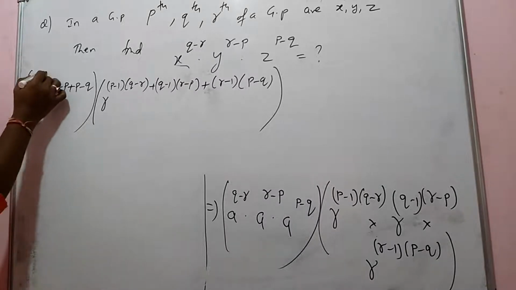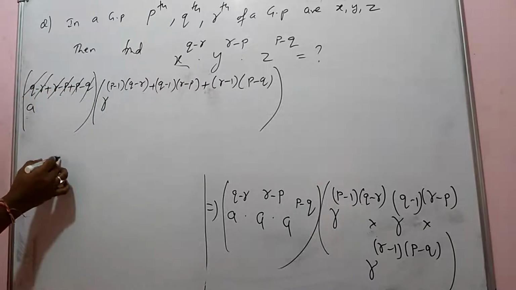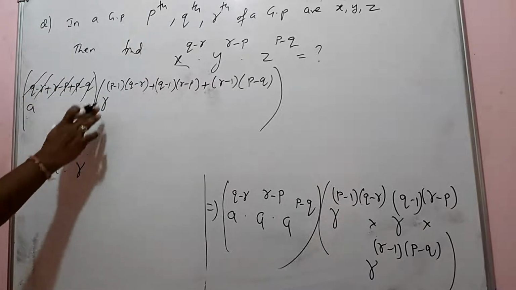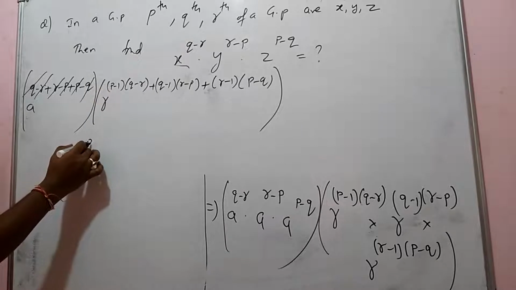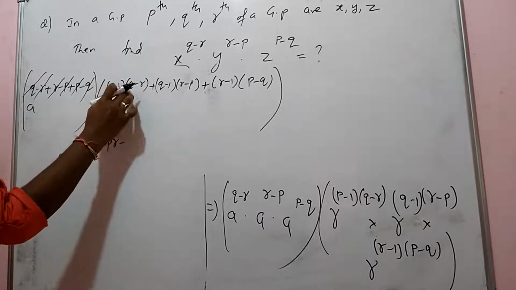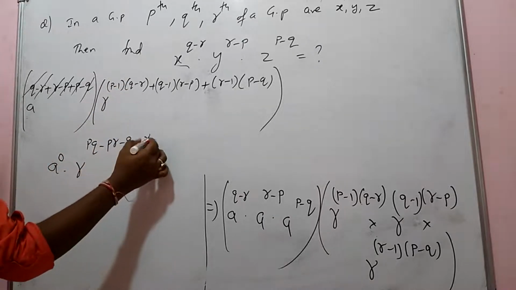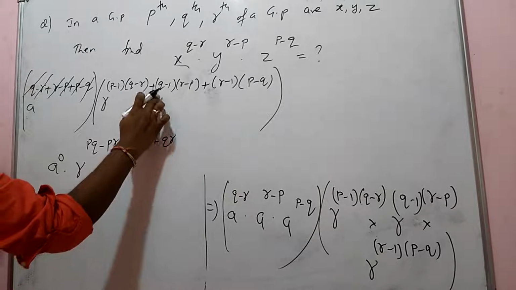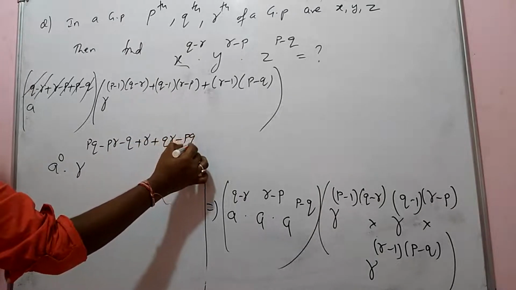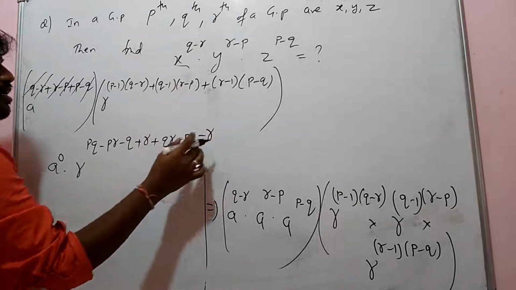So here, just see, q cancels, r cancels, p cancels, a power 0. Now for r power, just multiply. This is p into q, pq, minus p into r, pr, minus q into q here, minus into minus plus r. And next you are going to get q into r, qr, minus p into q, pq, minus 1 into r.